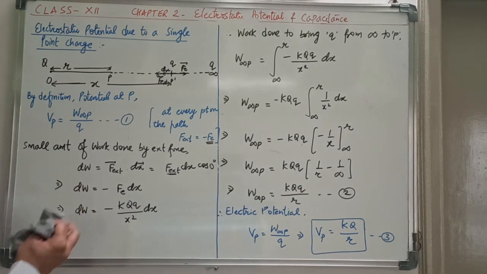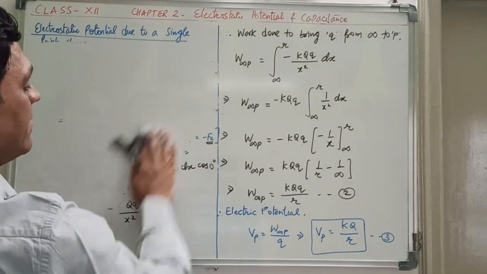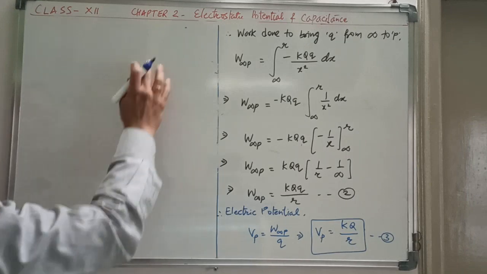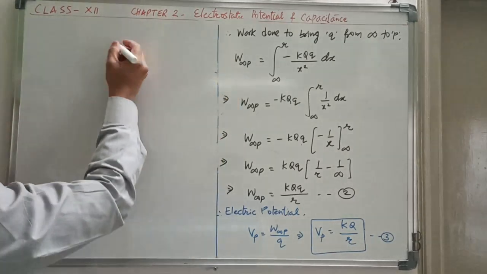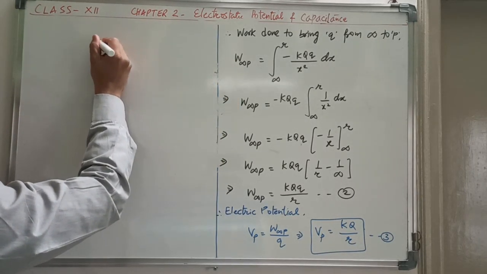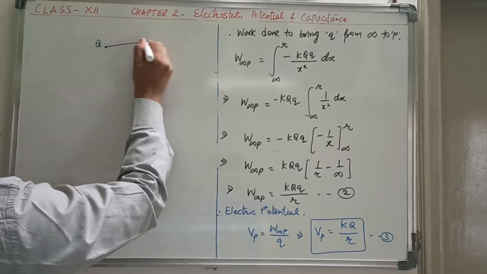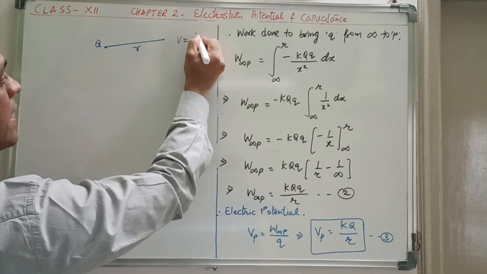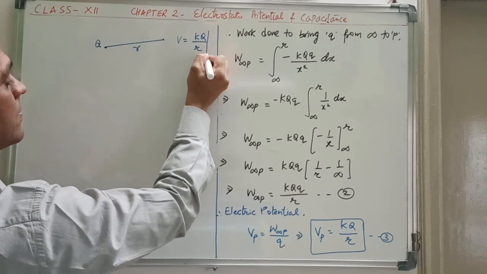Then, so what we have done is, if you have a charged particle Q here, and I ask you what is the electric potential at point P, distance R here, you will say, sir, this will be kQ upon R. That's it.